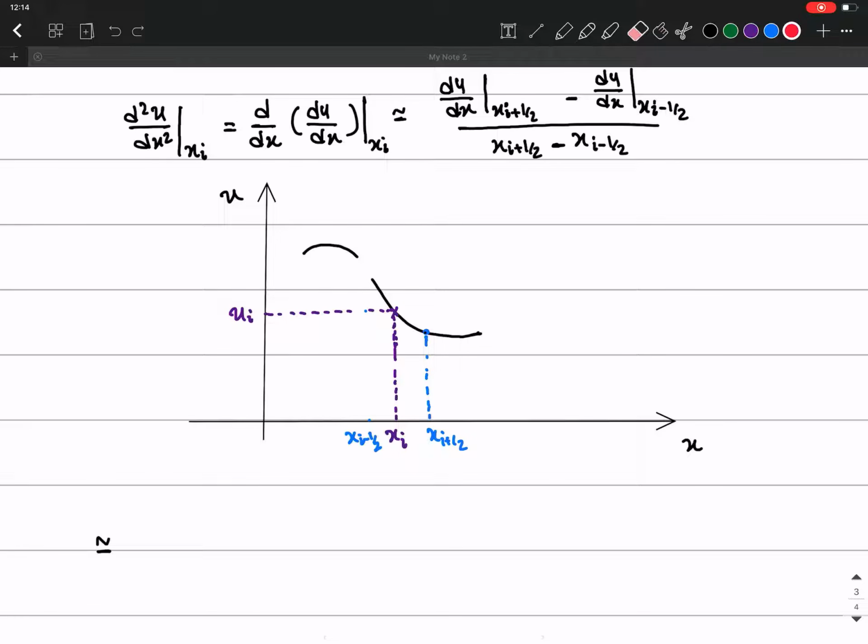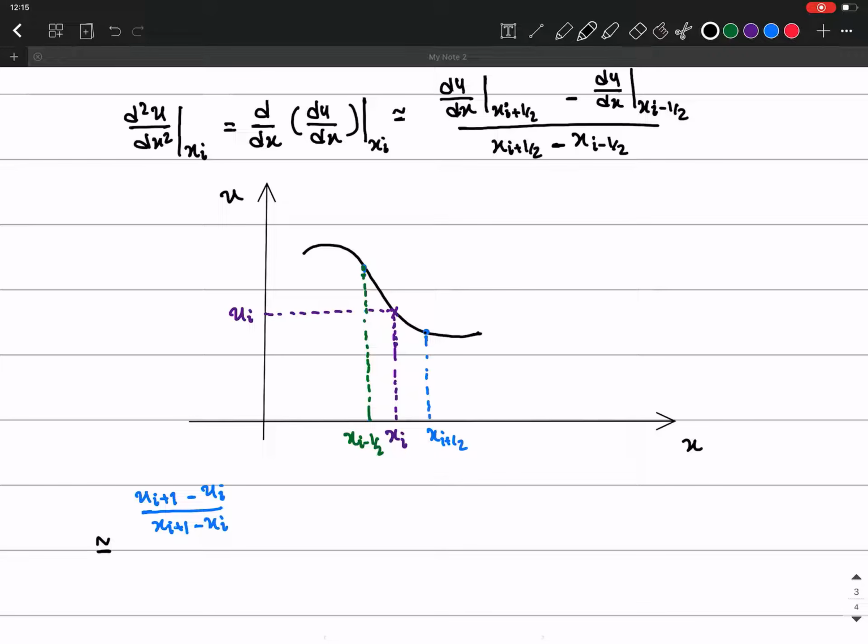I'll show this with green. The first derivative at xi plus 1/2, I'm going to show as ui plus 1 minus ui over xi plus 1 minus xi. So let's see what it is.